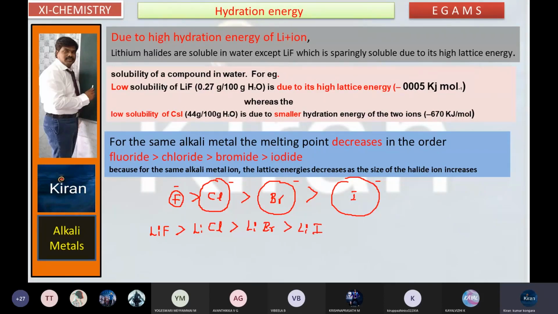So the hydration energy decreases. Why? Here the anion atomic size is increasing. That's the reason this lithium iodide is a bigger size. It holds very few water molecules.